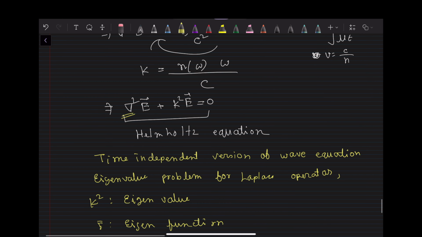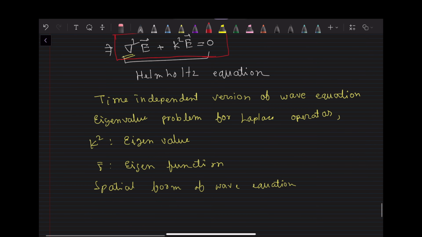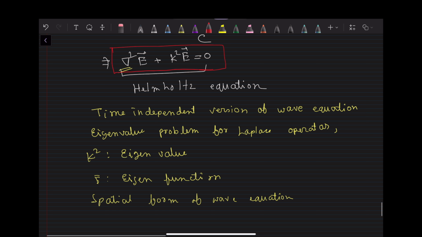So that's why it's very important, and a lot of things will be derived from this, and it's very important in optics. And also it's important to note again that this is all for single frequency or monochromatic light.